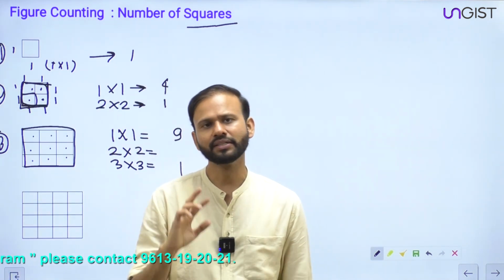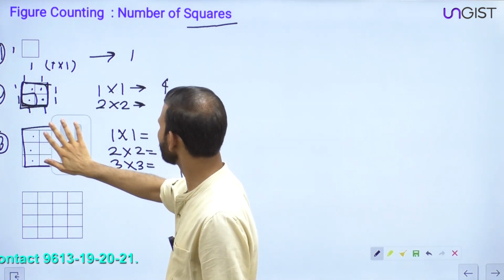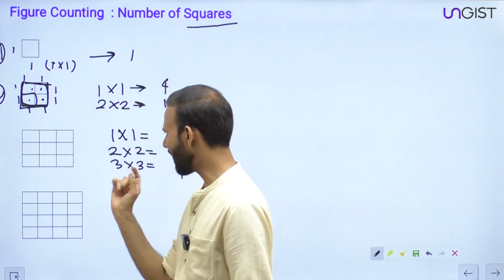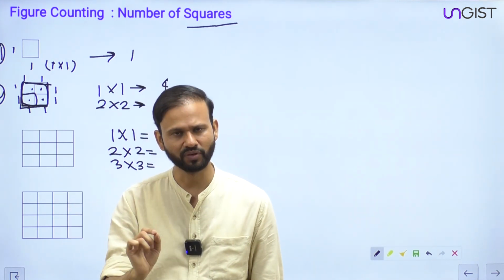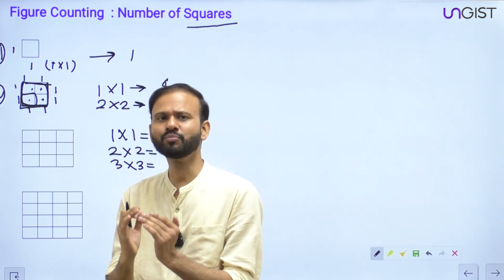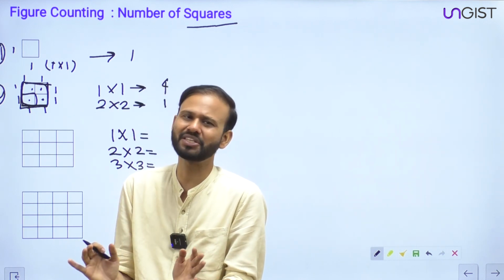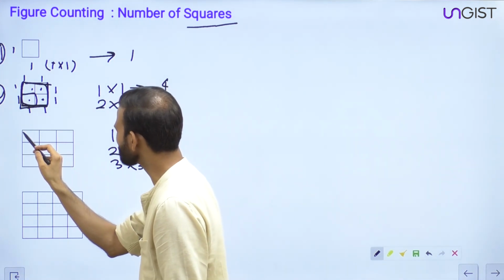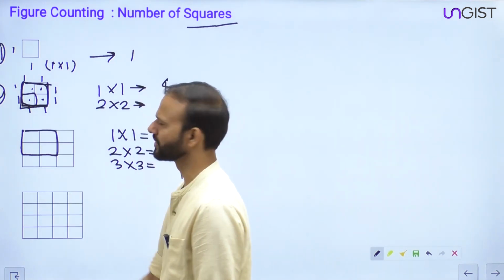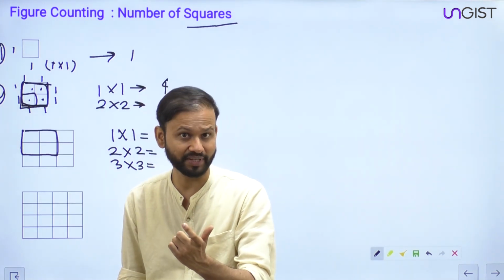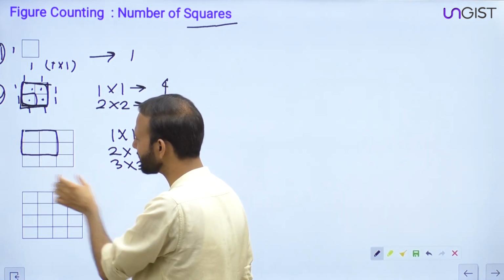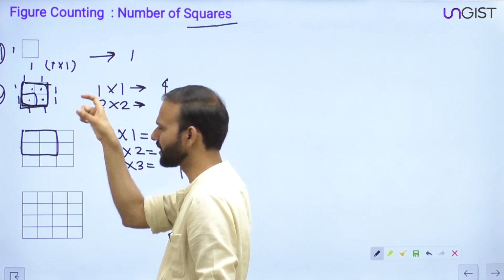Clear? Now we have to count the squares of 2 by 2. For 2 by 2, we have to be a bit careful or a bit alert. What is the process? Just move step by step. Just fix 1 square in the corner, because we need to find the 2 by 2 order squares. Fix one 2 by 2 square in the corner and try to traverse it over the entire figure.